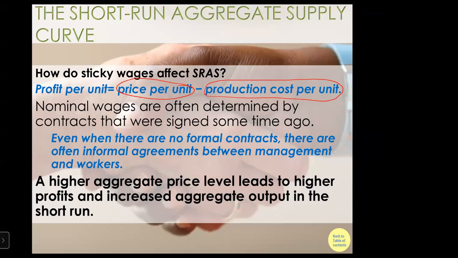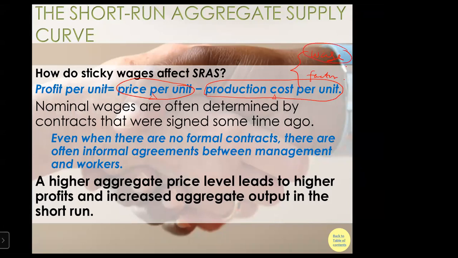Because usually production cost per unit includes the wage bill and other factors, like ingredients or rent you need to pay, and so on. So the reason why I say the production cost per unit may not proportionally adjust with price per unit lies in here.